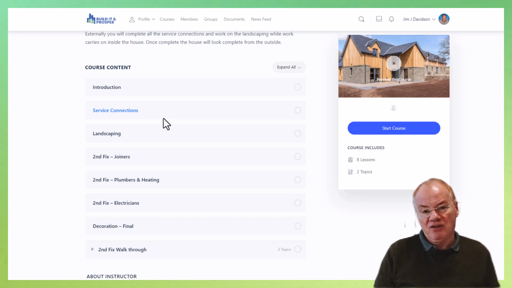And then you're going to have your plumbers and heating engineers who are going to be fitting the radiators, fitting the boiler, and fitting your bathrooms.